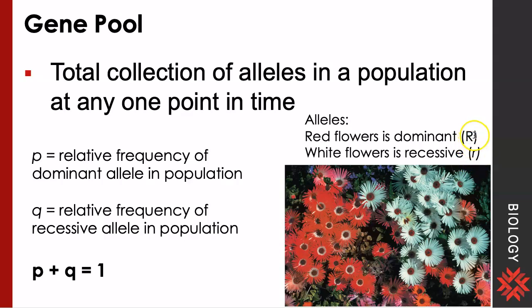So for this example here, the dominant allele is a red flower color. The recessive allele is the white flower color. The gene pool is saying, how many of these dominant alleles do you have? How many of these recessive alleles do you have? Because the proportion of these different alleles is going to control what alleles are available to contribute to the next generation.